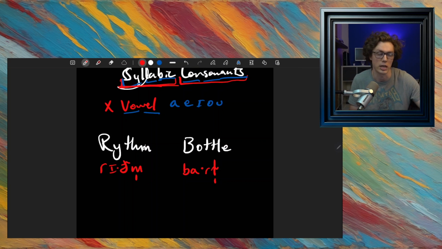It's easier to understand. So this is "bottle," and you can tell that it's a syllabic consonant because when I say "dul, dul," my tongue actually doesn't remove itself from the top of my mouth. "Bottle," my tongue stays from the d to the ul. So there's no vowel sound, right? I'm not opening it.